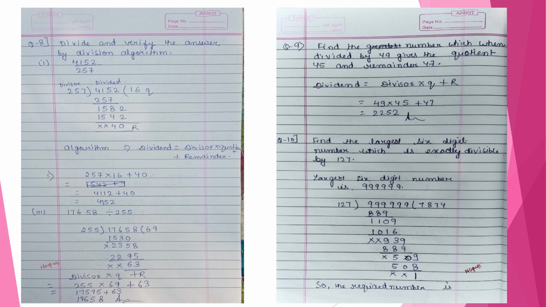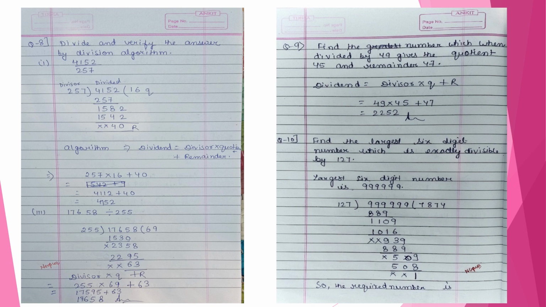Now here you have to understand that the remainder comes out to be 1. If this 1 would not have been there, we would have got the number completely divisible. See the last part of the division, 509, and we are getting 508. After subtraction the remainder is coming 1. So if instead of getting 509, we would have got 508, then the number would have been completely divisible.